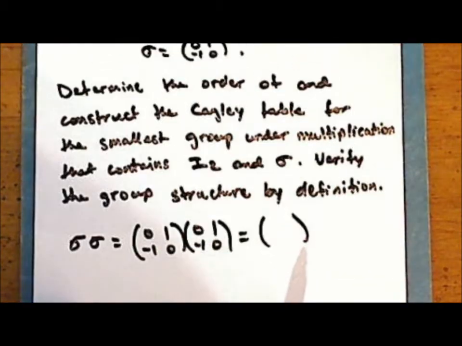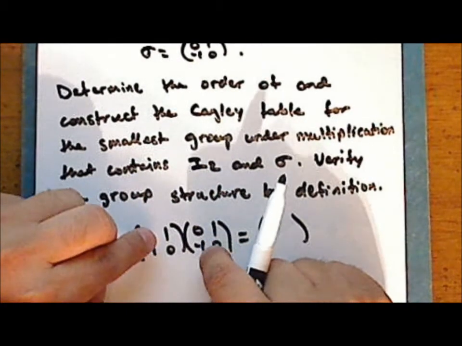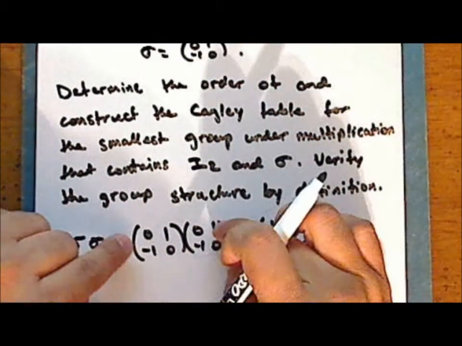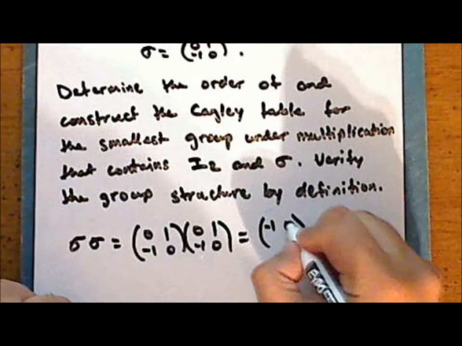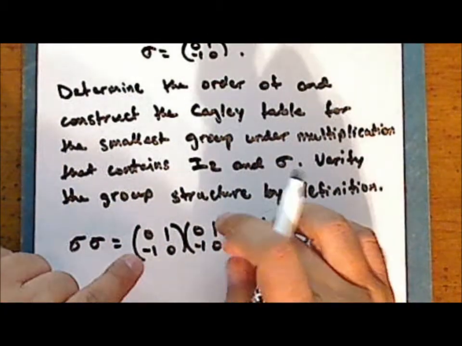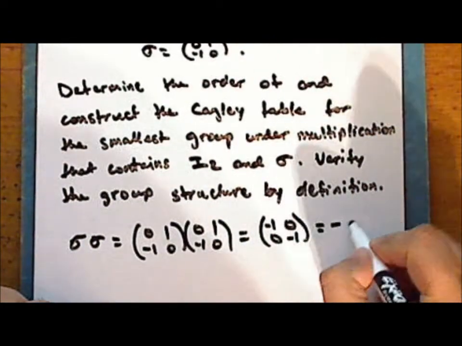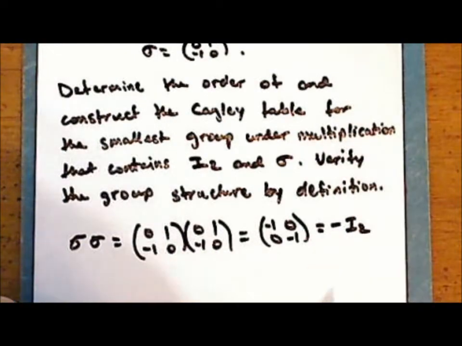And this is the 2 by 2 matrix with entries 0 plus negative 1, 0 plus 0, 0 plus 0, negative 1 plus 0, and this is the negative identity matrix.